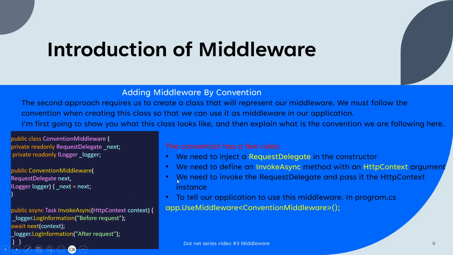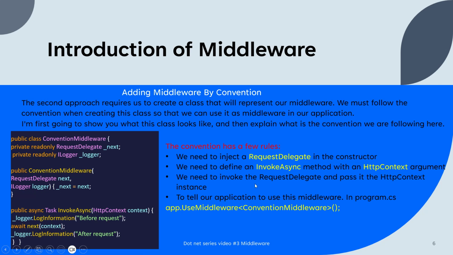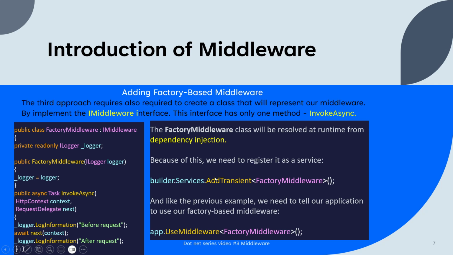One thing to note: when you create a convention middleware, you need the request delegate and HTTP context. So you need to set that and set a next delegate to your next middleware in your pipeline.